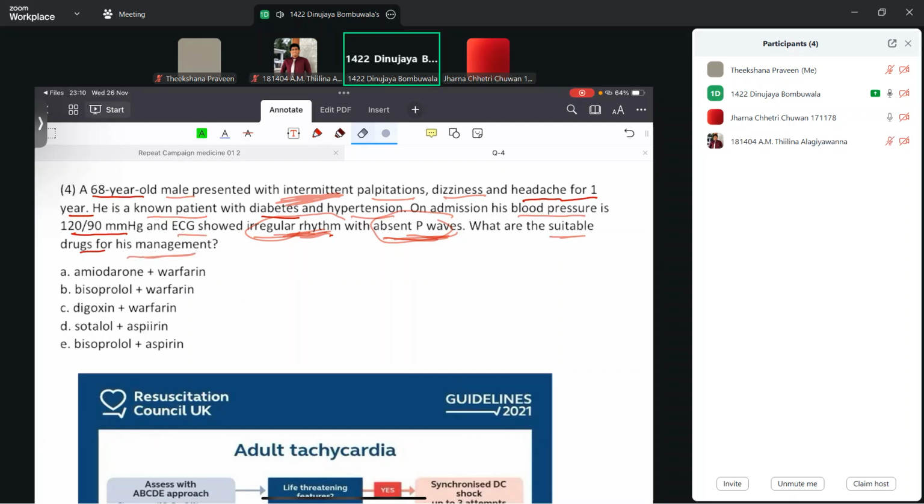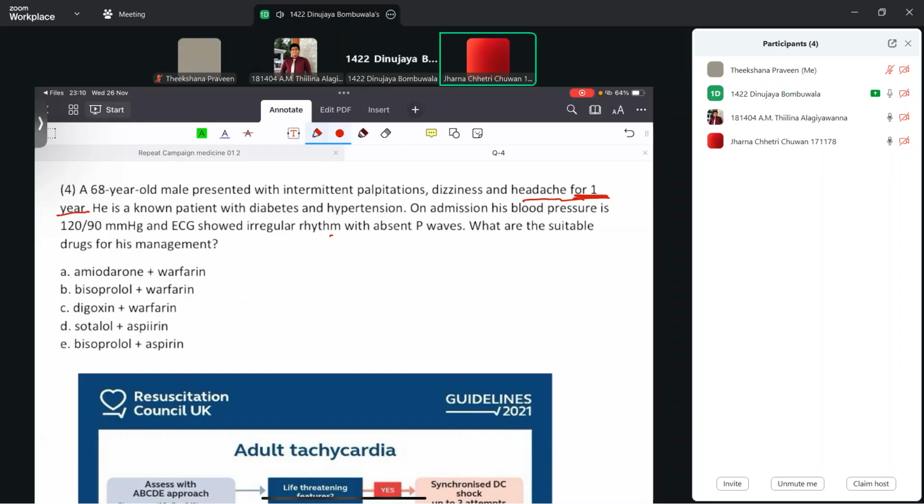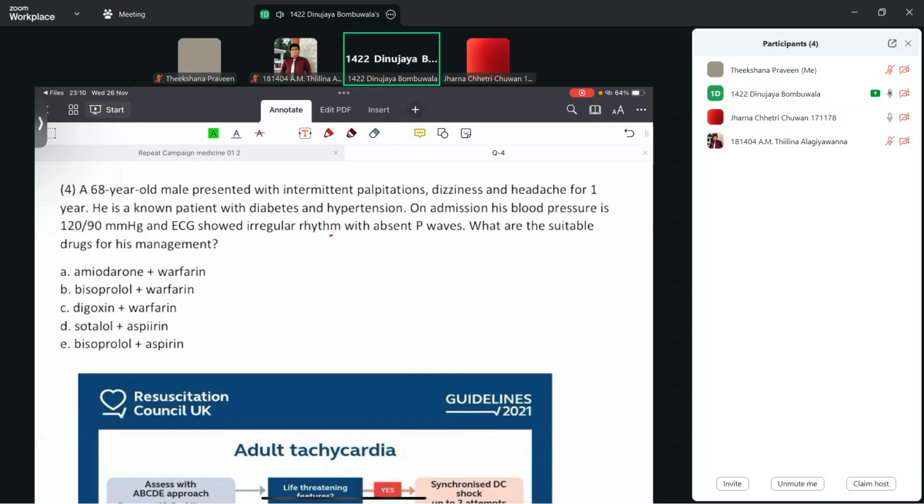And the other one? Time. The palpitations have been there for 1 year, so for a long time.